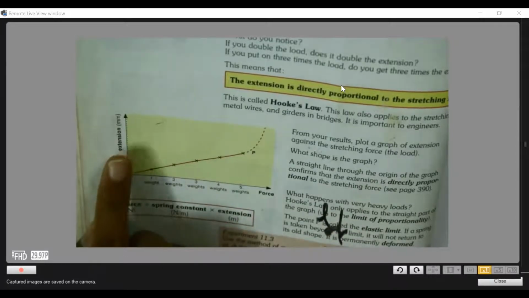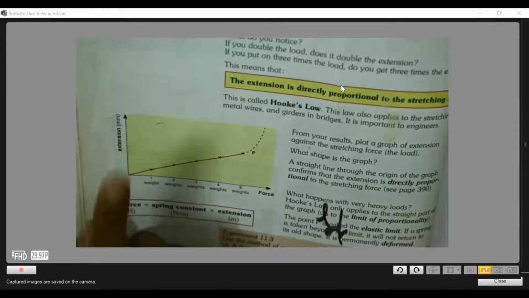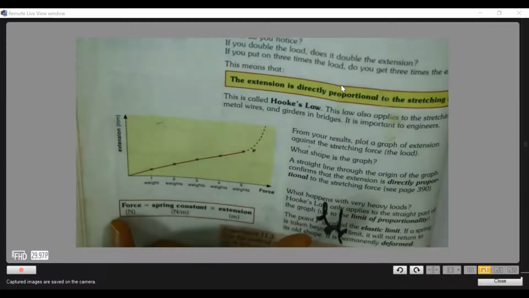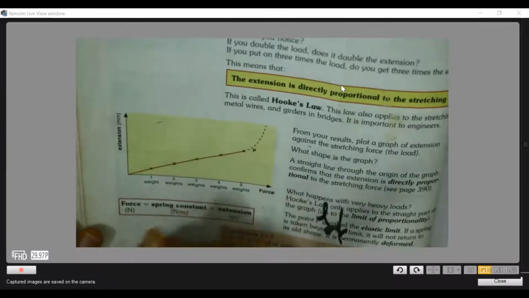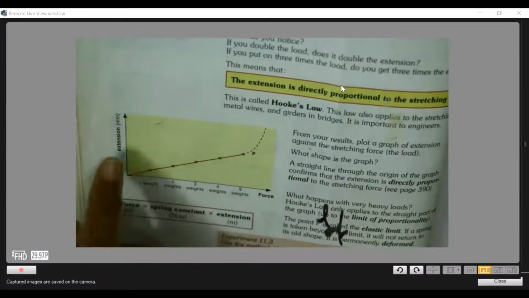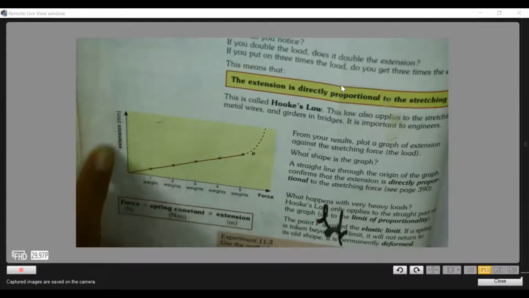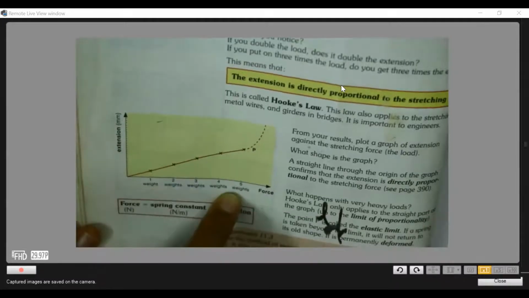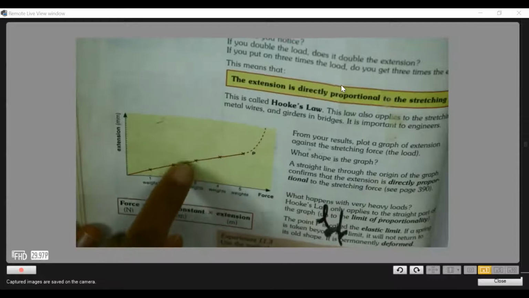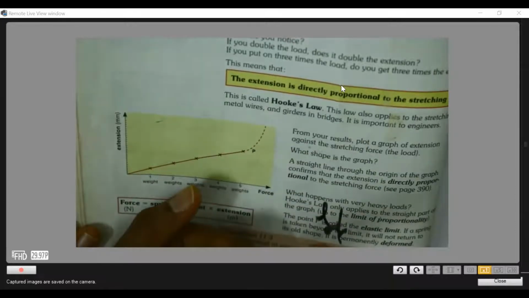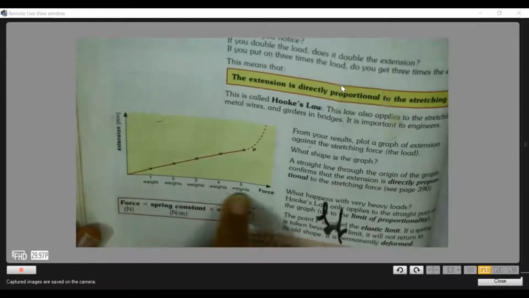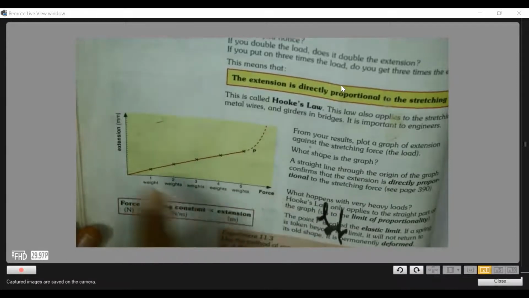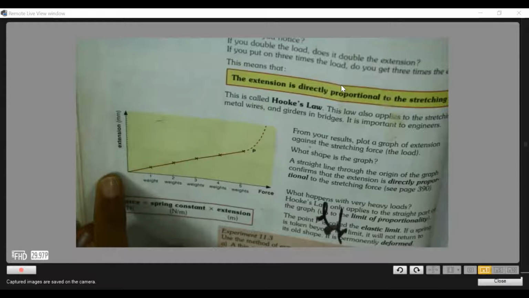If they do, that will affect the shape of the graph. Another thing is that if you have force on the y-axis and extension on the x-axis, then again the shape of the graph will be different. But usually they use force or the load on the x-axis and extension on the y-axis.